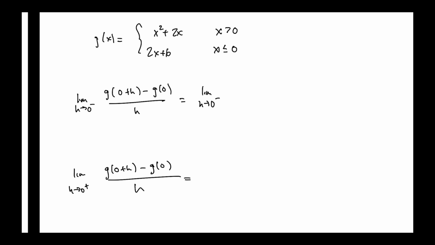2x plus 6, okay? So if I want g of 0 plus h, and 0 plus h is a negative value, everywhere I see an x, I'm going to replace it with 0 plus h.